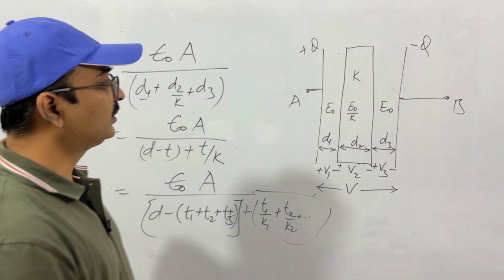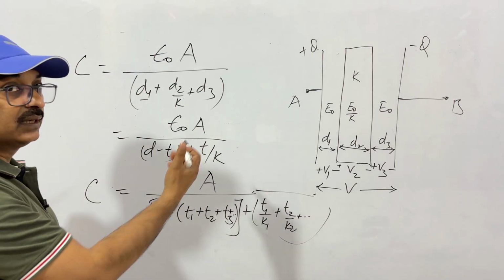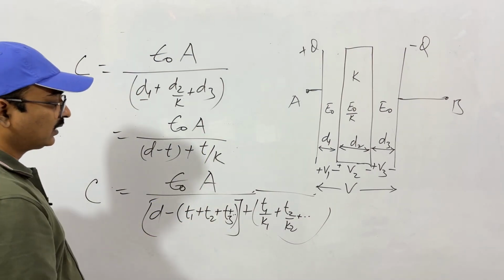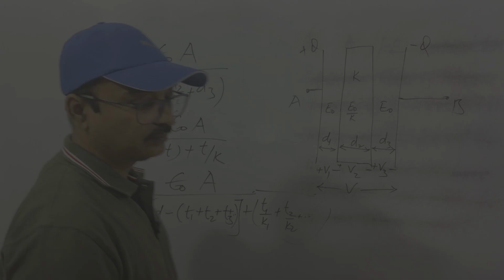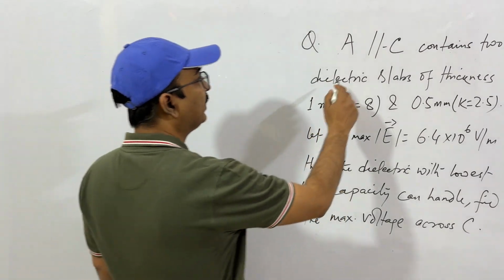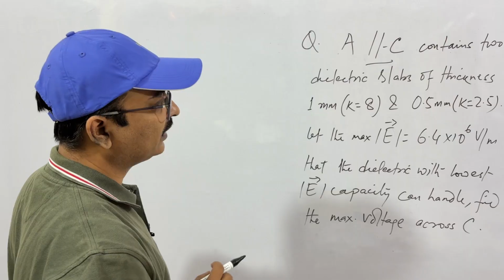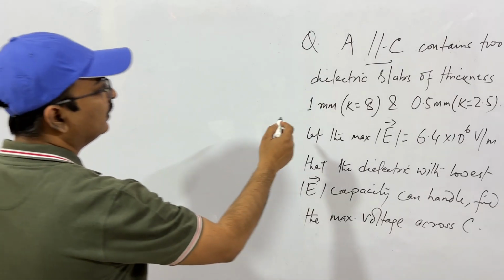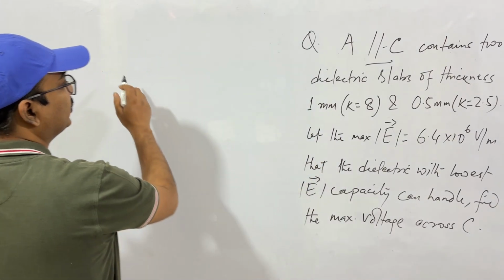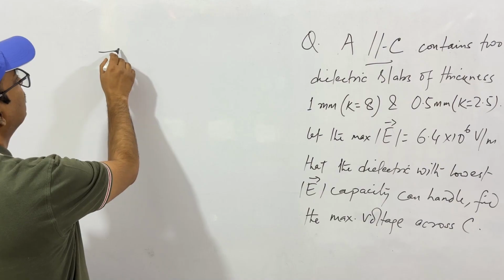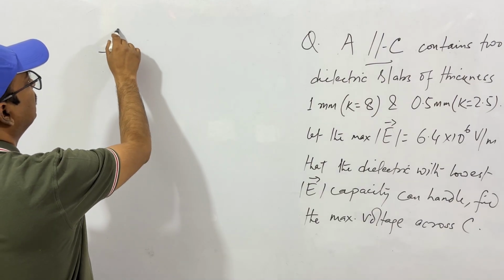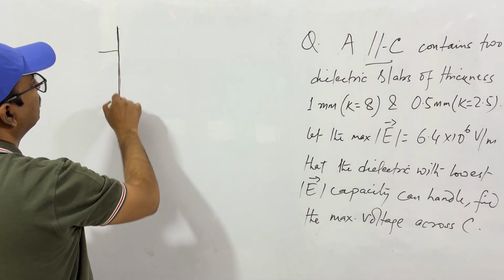In objective questions, you won't have time to derive this expression. You'll use it directly to find the capacitance. Let's say a question. A parallel plate capacitor contains two dielectric slabs of thickness 1 mm and 0.5 mm. This means it has no vacuum. We can assume it. So let this be the sheet.